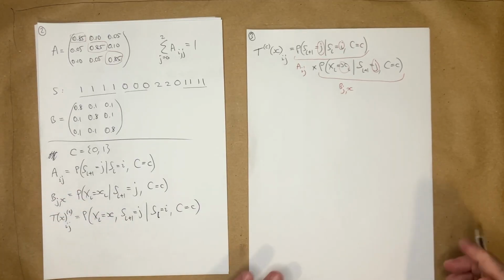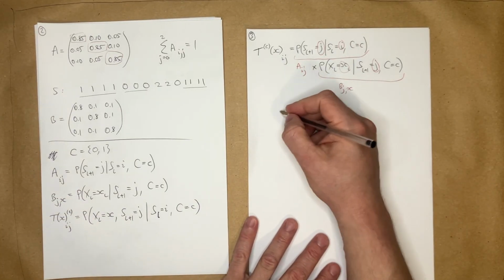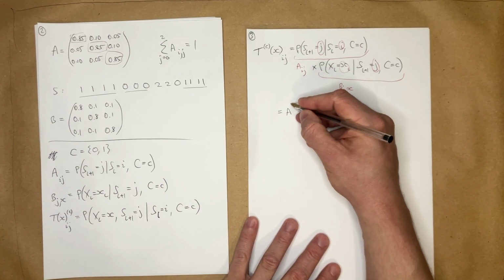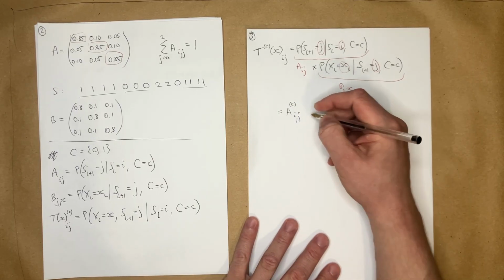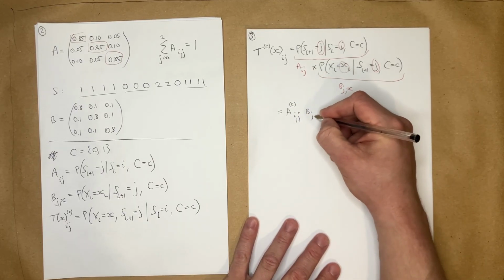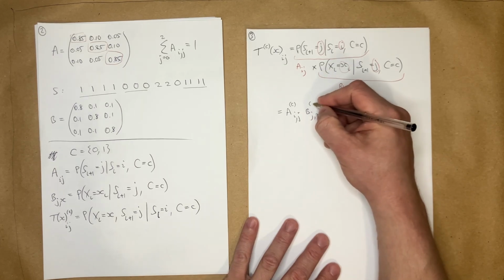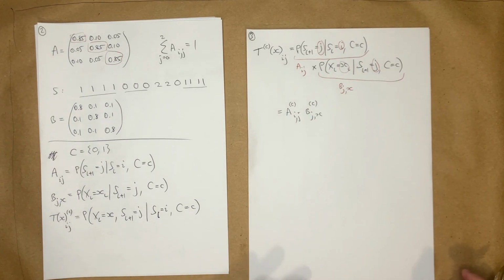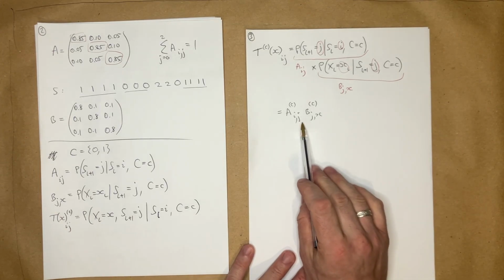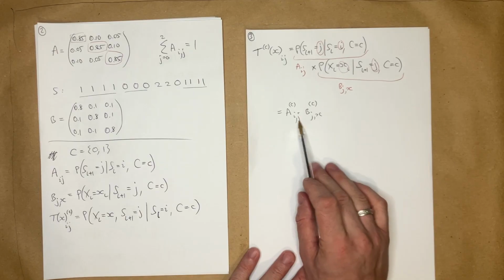And so T can actually just be written as the product of matrices A and B. The indices here might be slightly confusing. This is not an Einstein summation, so the j here doesn't get eliminated.